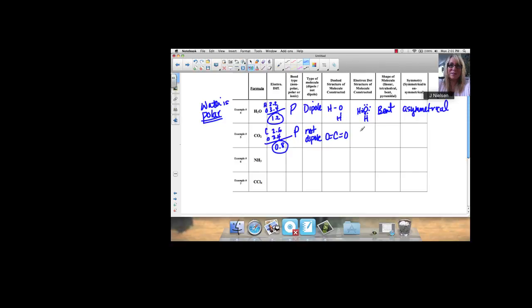If we were to draw it out with the electrons, here's the 4 from the C, and then the 2 from the O's, and each O has 6, so there are 2 lone pairs of electrons. I'm going to draw that down here.